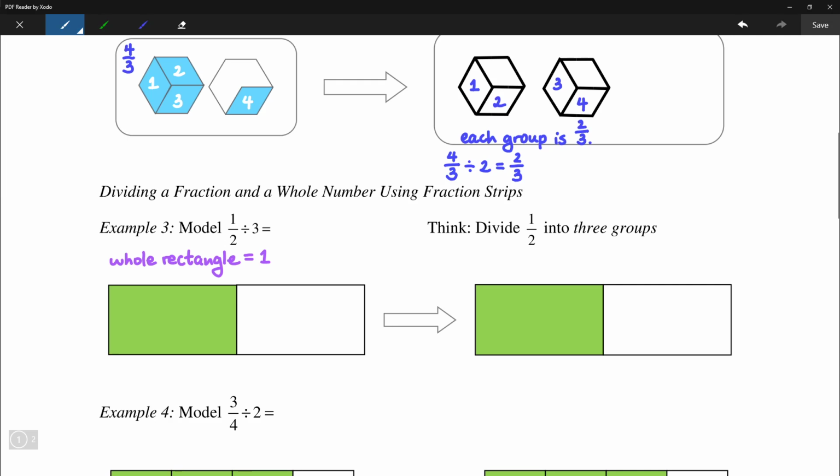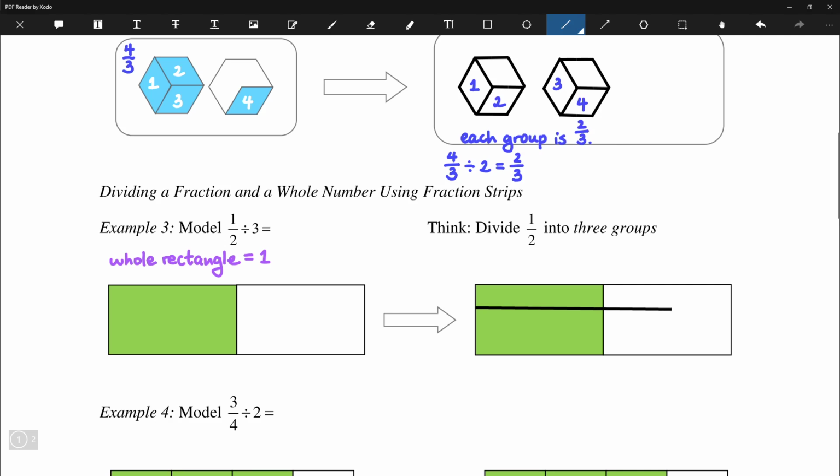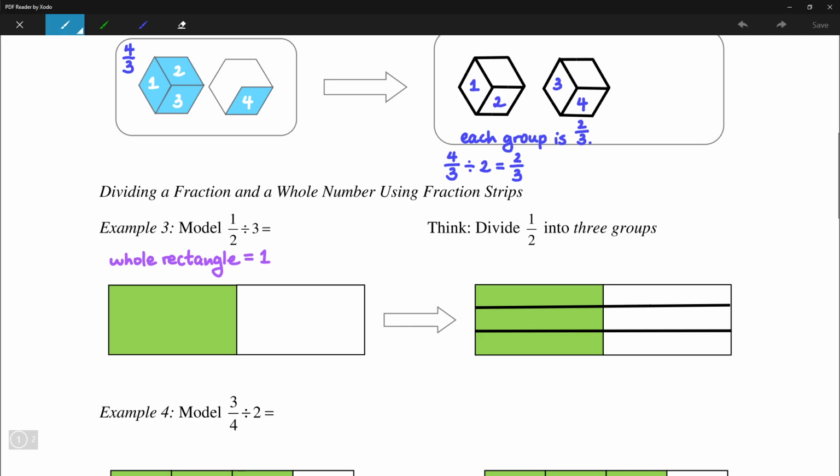And if we are to divide this into 3 groups, we have something like this. So here we have 3 groups. And each group is 1/6.